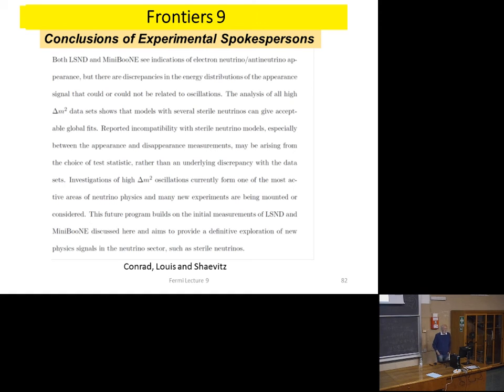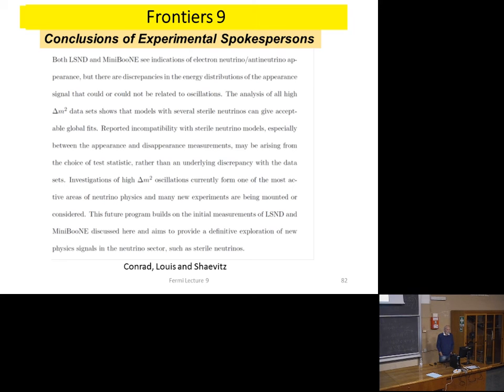"The analysis of all the high delta m squared data sets show that the models with several sterile neutrinos can give acceptable global fits." So if you take the experiments literally, you need to have not just one sterile neutrino, you need more than one. So that's not very comfortable.